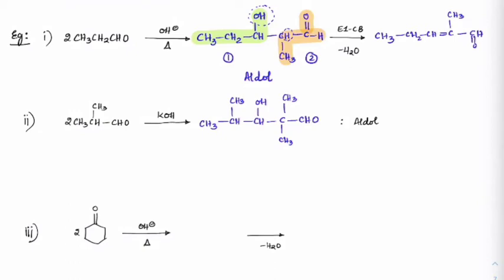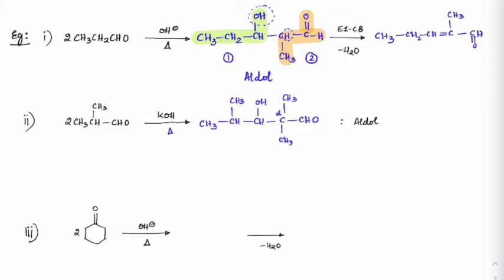Got it? Now at this alpha position, there is no alpha hydrogen. So even if heat is given, it does not undergo dehydration easily. And if you are expecting that OH minus E1CB will happen on this side, OH minus will extract from here and then a double bond will form here, that is not going to give a stable alkene form.